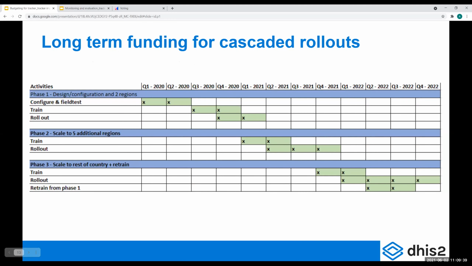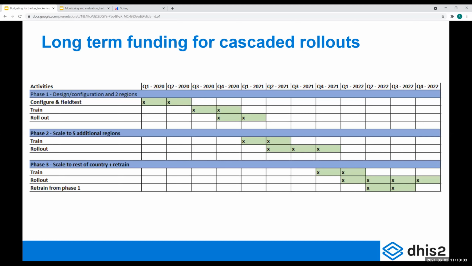We're getting near to the end. I think my last slide here is that you need to budget for a long time. I mentioned this before as well, but this can just illustrate it at a very high level. So say, for example, that you have this very simplified rollout plan.